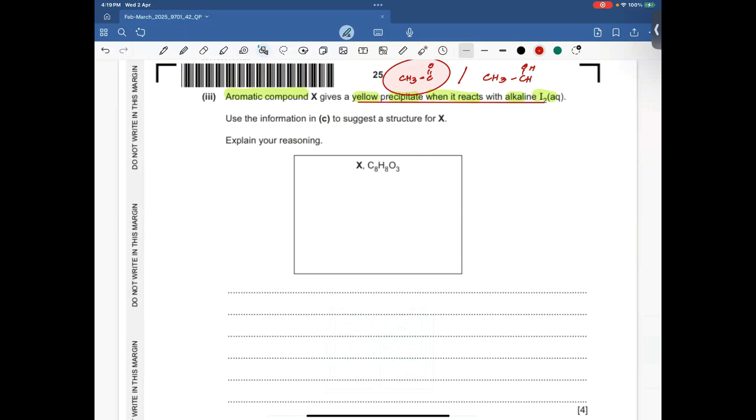Okay. So we have multiple pieces of information. First of all, we have a benzene ring. Second, this CH3CO group is present.